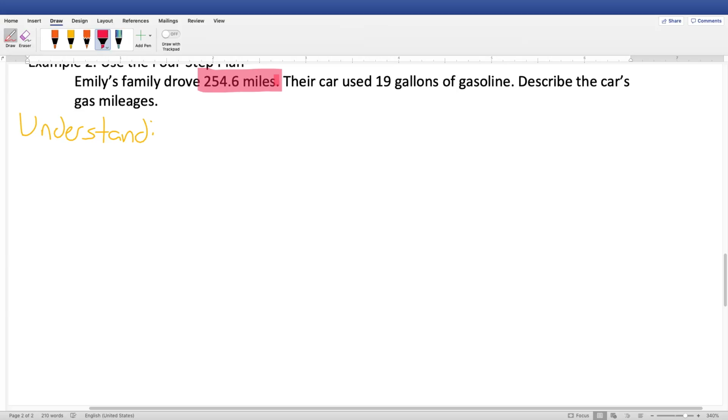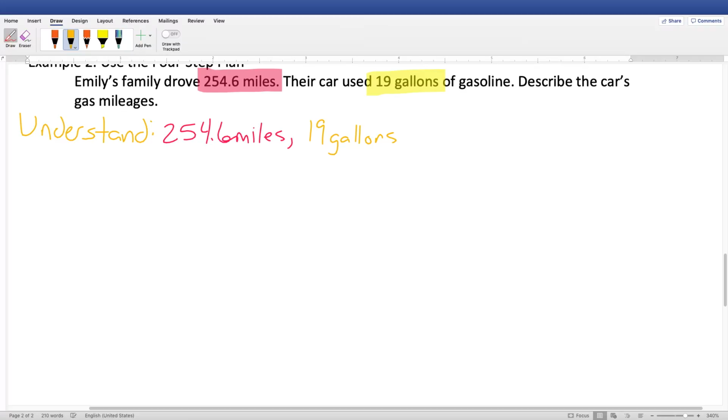What else is given to me? Gallons. So we know that we drove 254.6 miles, and we also know that we used 19 gallons.